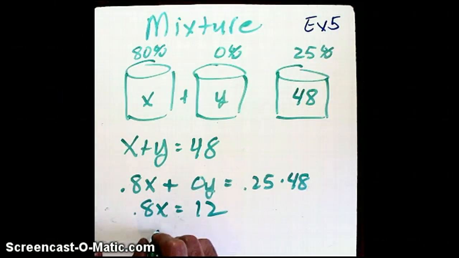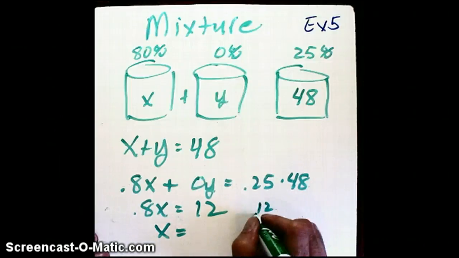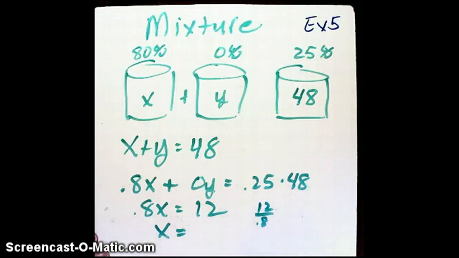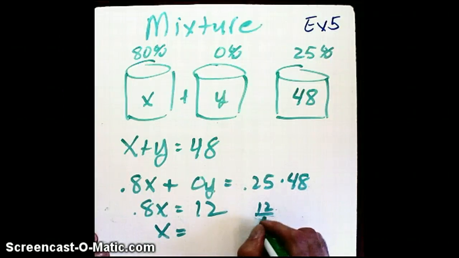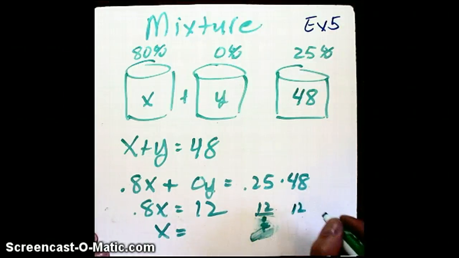Let's divide that by 0.8. X is equal to 12 divided by 0.8. How about 12 divided by 8 over 10, which is 4 over 5? Okay, that's 12 times 5 over 4.